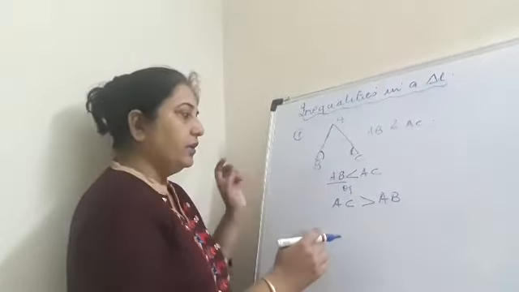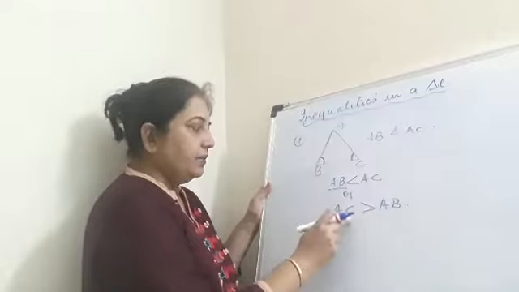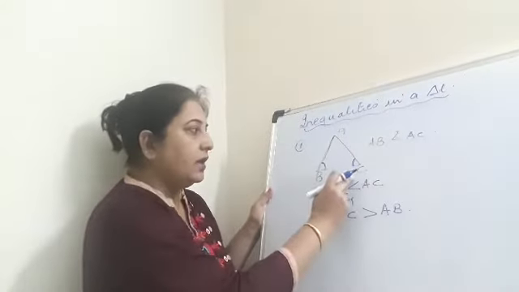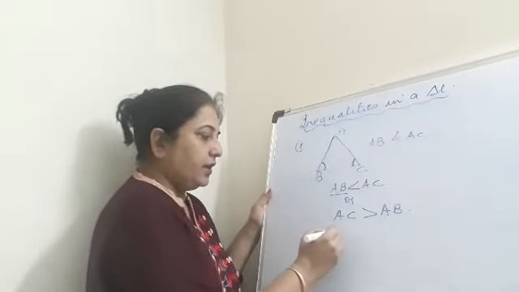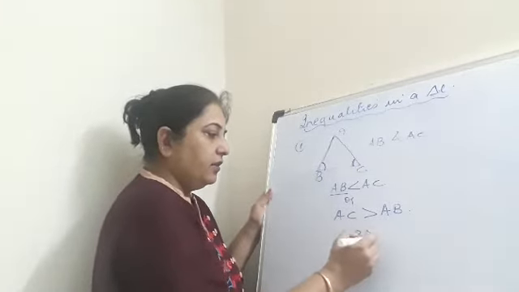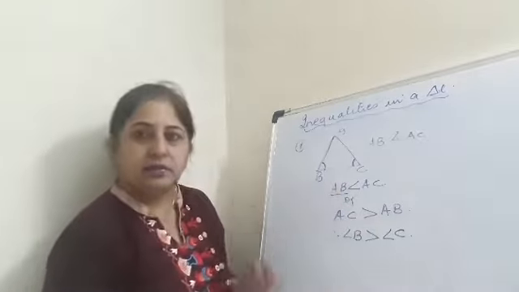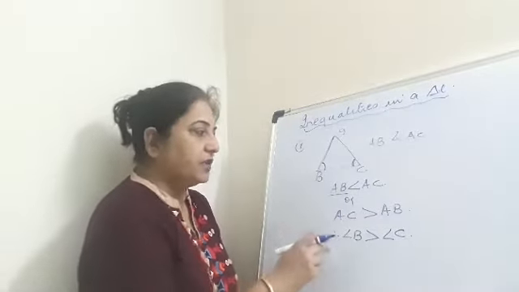Therefore over here AC is a greater side. Opposite to AC, which angle do we have? Angle B. Therefore angle B will be greater than angle C. This is the first inequality.